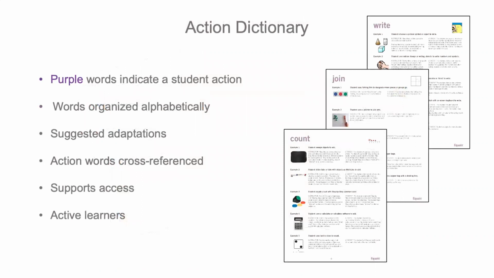Prior to teaching a lesson, you do want to make sure you review this resource so you are familiar with it. The Action Dictionary provides differentiation for students during the lessons by providing suggested adaptations for actions that students are asked to perform.